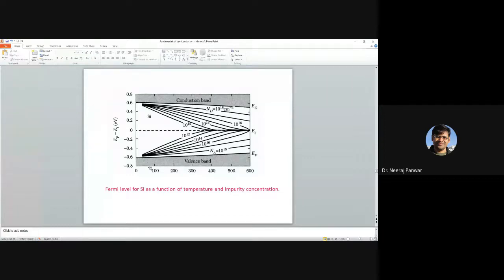But when we increase the temperature, the Fermi level starts moving down, and at one temperature the Fermi level will be equal to the intrinsic Fermi level, or the difference between the Fermi level of the n-type semiconductor and the intrinsic semiconductor will become zero.